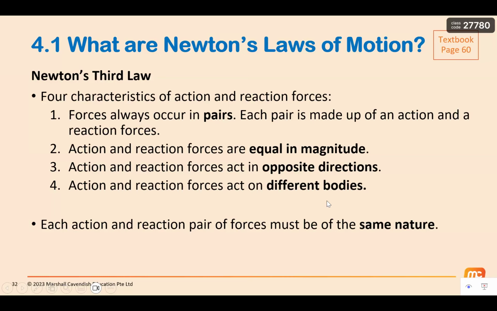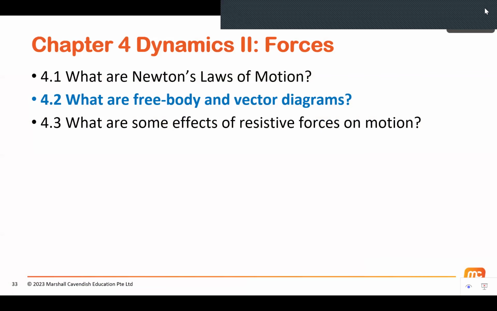These two forces are acting on the same body, so they can cancel each other out to get 0 resultant force. But action-reaction pairs always act on different bodies, so they can never cancel each other out. And they are of the same nature. That's it for the first part.